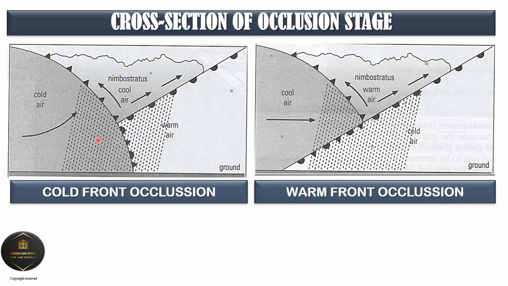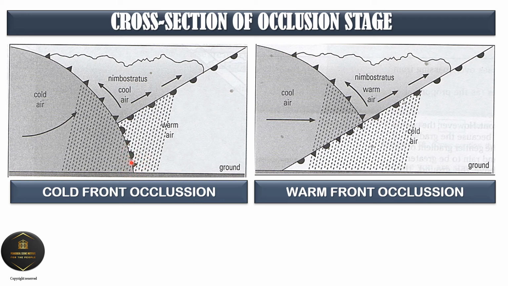So since it's cold front occlusion, it shows us that the cold front has caught up with the warm front, and as a result we'll have slightly colder conditions, as we have the cold air occupying the surface. So remember how you identify your cold front and warm front occlusion, look at the symbol.